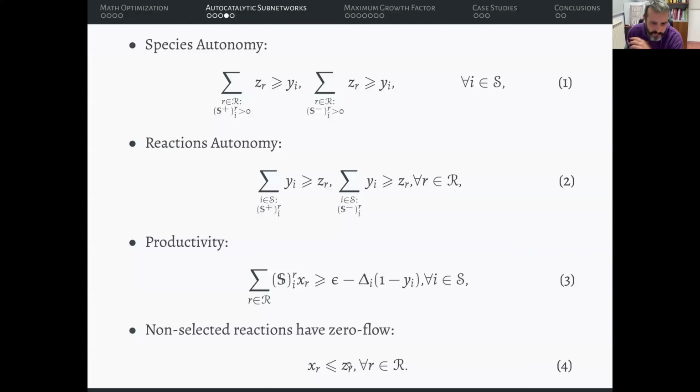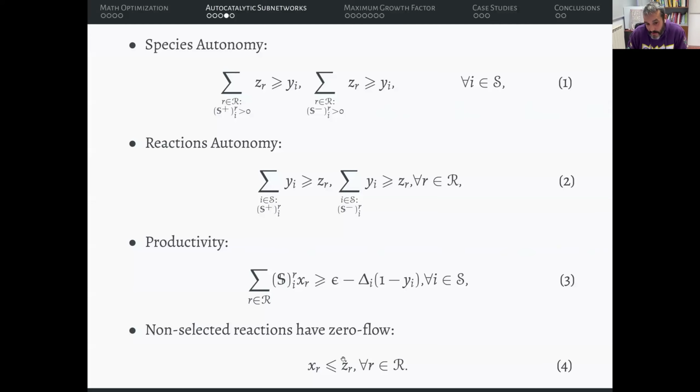And then the final equation is about the case in which the reactions are not selected. We model the flows as continuous 0-1 variables, and the C set as only 0 or 1. So in case the C variable is 1, then the flow can be at most 1.